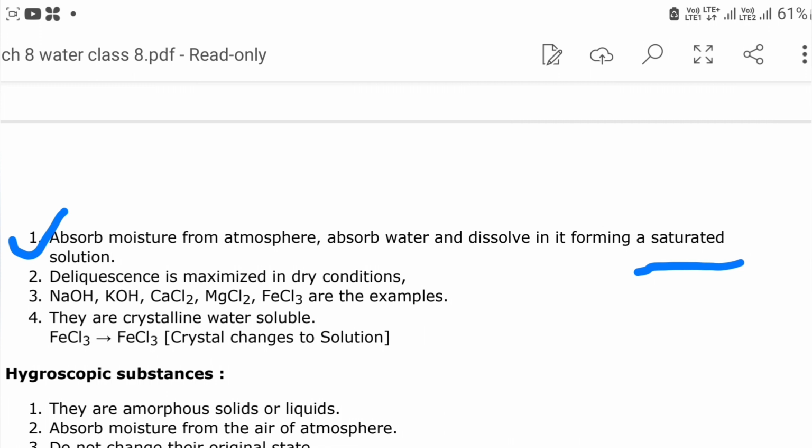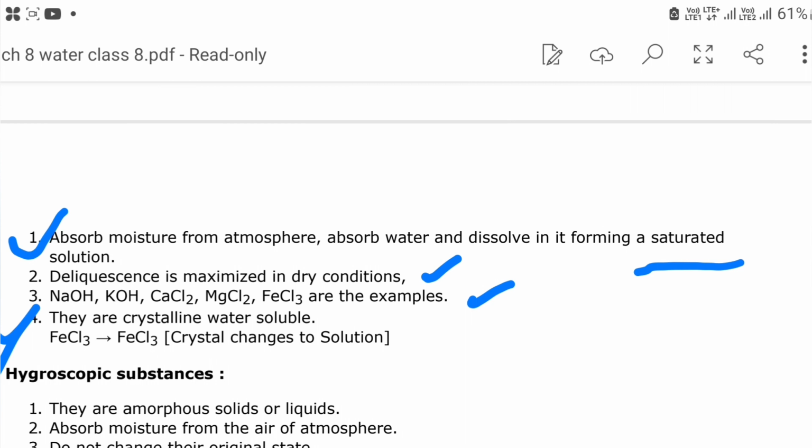Deliquescence is maximized in dry conditions, like KOH, NaOH, CaCl2, MgCl2, FeCl3. These are some examples which are used for absorbing moisture. They are crystalline, water soluble. For example, FeCl3 changes into FeCl3 solution.